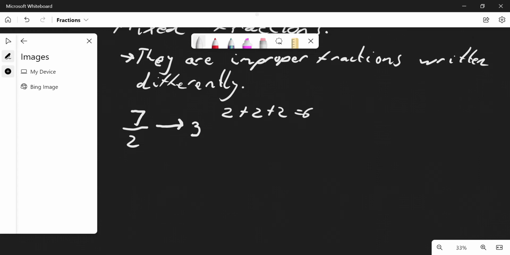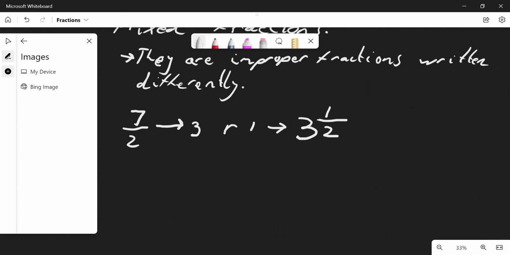And then there is a remainder of 1. So we can write this as a mixed fraction. We write the whole number part, our remainder is 1, and our denominator stays the same as 2. All right.